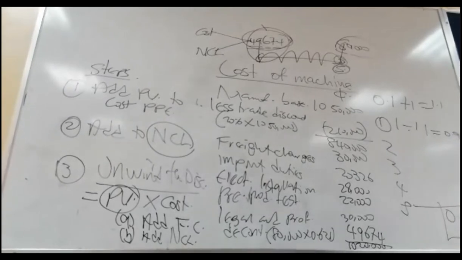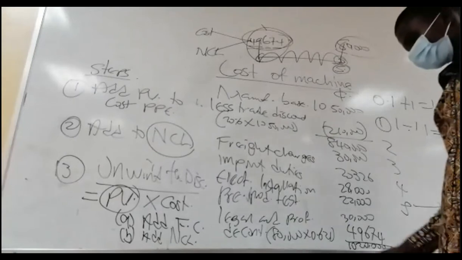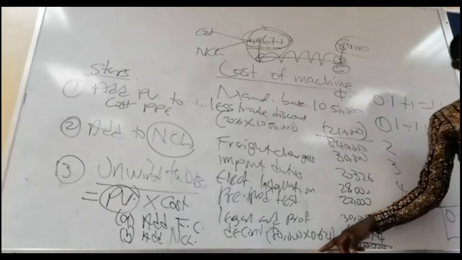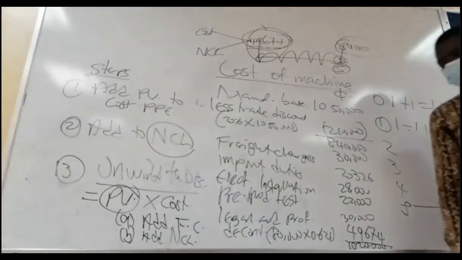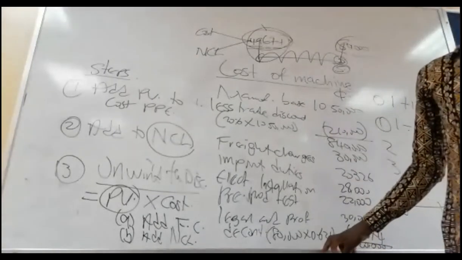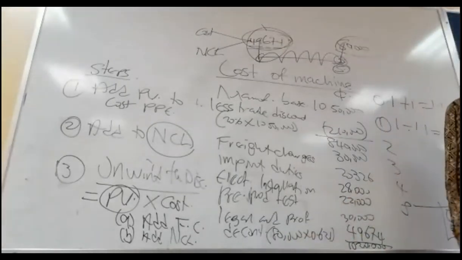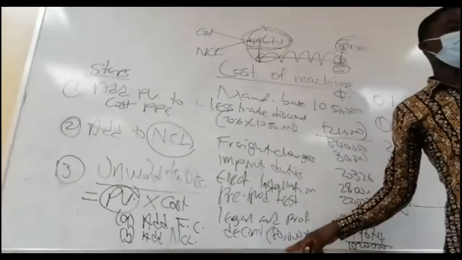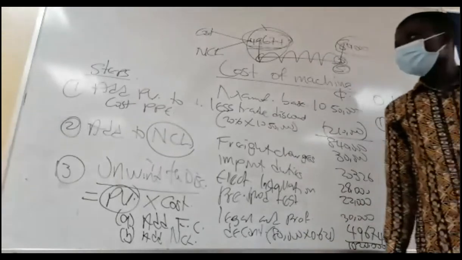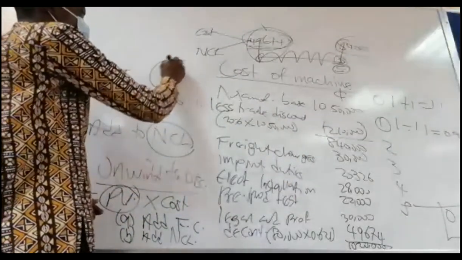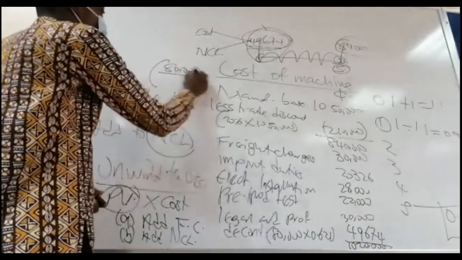So how to get the present value? Either you look for the discount factor and then multiply by what? The cash flow or the future value of the dismantle cost. Or you can go by this. I think the answer over there, the 49,674 is when you use this one. 80,000 divided by what?